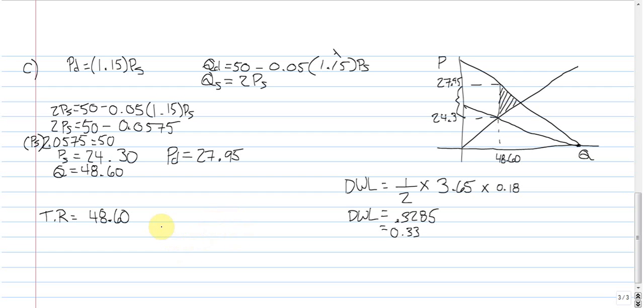Right, and the tax revenue collected on each pack of cigarettes or whatever is the difference between the two prices, the 3.65. So I'm just multiplying the amount of the tax on each unit times the number of units.